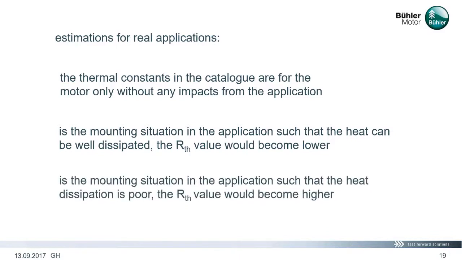Is the mounting situation such that the heat dissipation is poor, the RTH value would become higher. These estimations are based on experience normally. Tests and temperature measurements are therefore oftentimes necessary in order to verify the calculations.